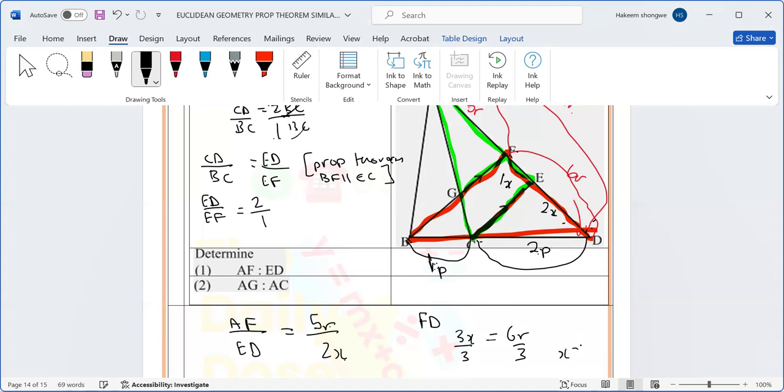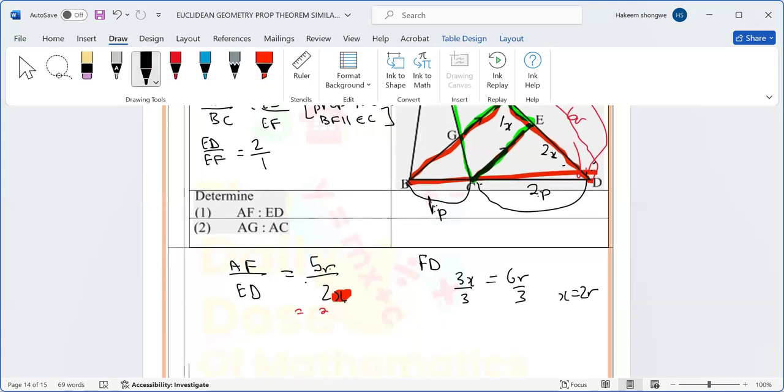It says X is going to be 2R. So instead of X here, we can put 2R. So we have 5 all over 4. This one is fine, because it's 2 multiplied by 2R. Here you have R and R, they cancel. And then we have 5 all over 4.